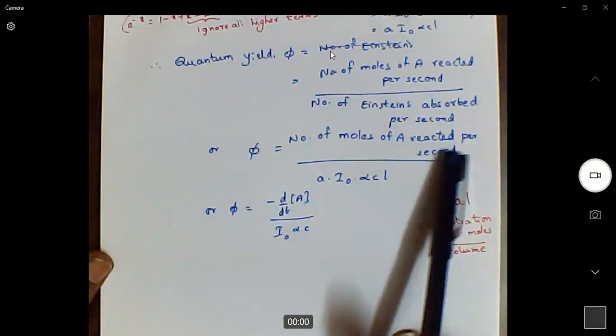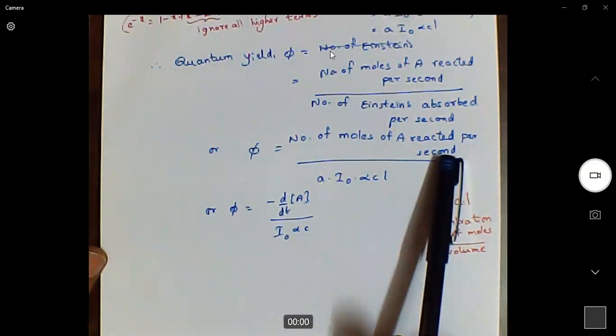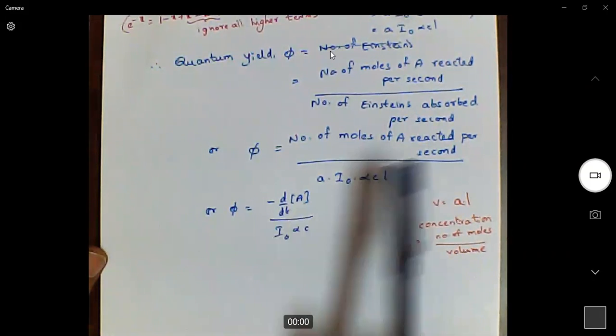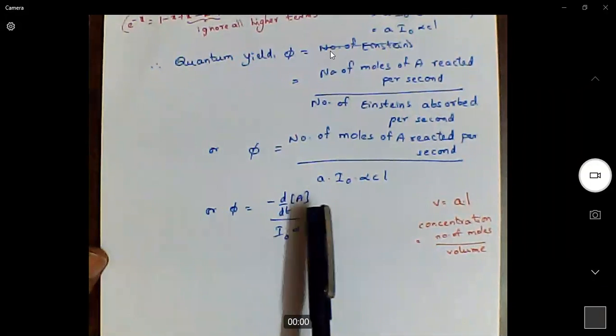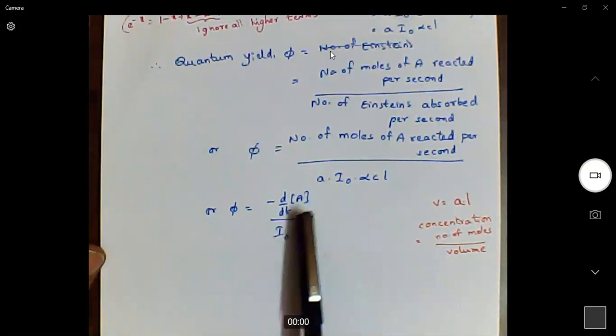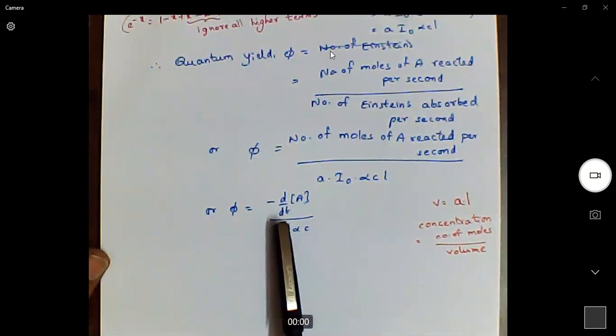It is number of moles reacted per second. So with the time, we can say minus d by dt of A, number of moles of A reacted within a particular time.